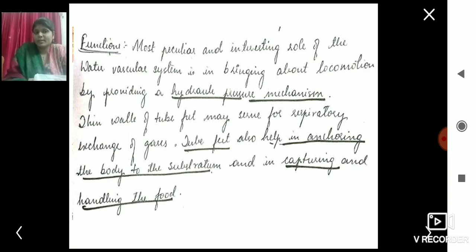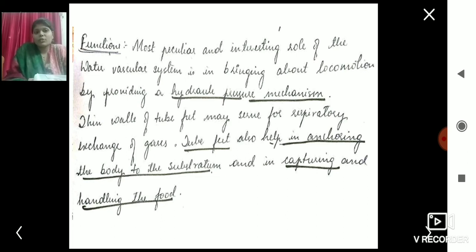Okay, so moving on to the functions of the water vascular system. The most peculiar and interesting role of the water vascular system is in bringing about locomotion, that we've already discussed, but putting it into a sentence, it's going to fetch you marks: it provides a hydraulic pressure mechanism through which the water moves in and out.